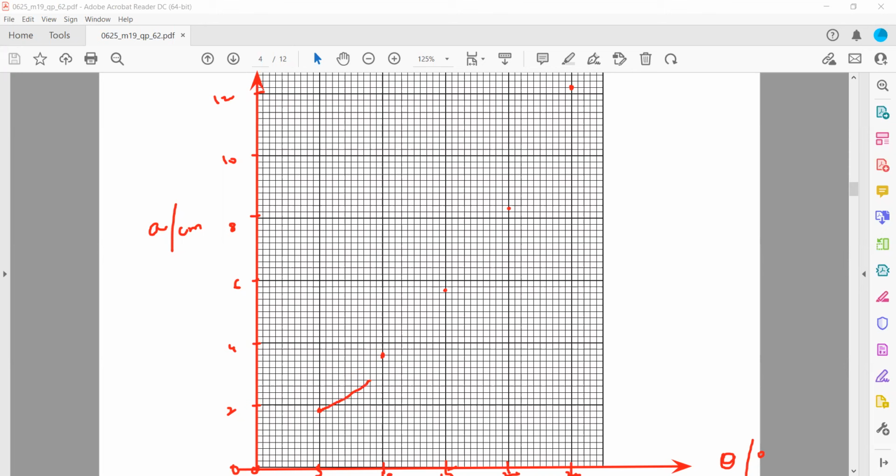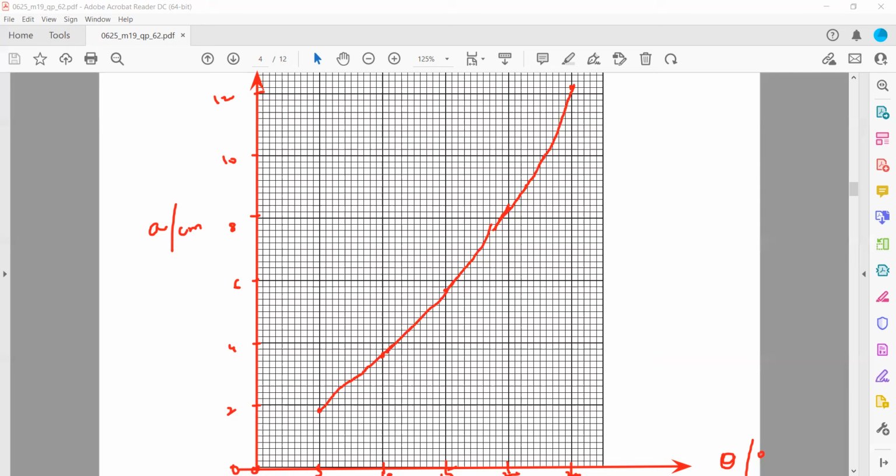Always use thin lines and don't overwrite on the graph paper. So this will be the line for this graph.